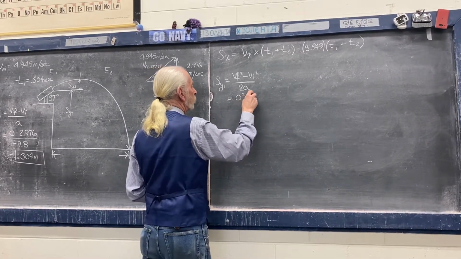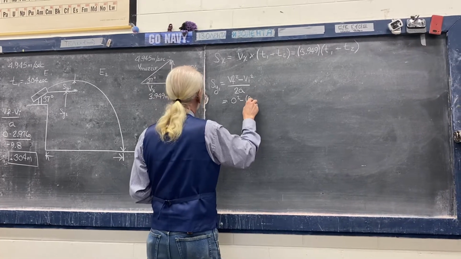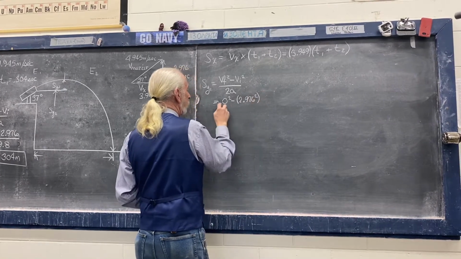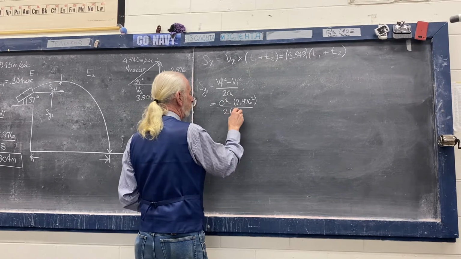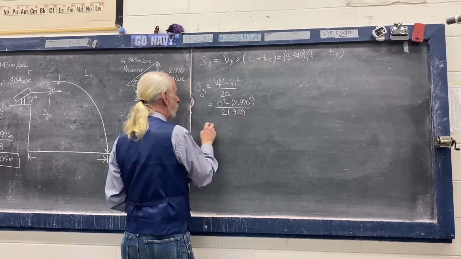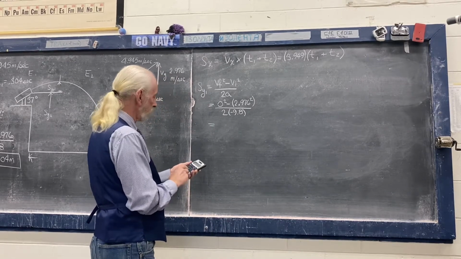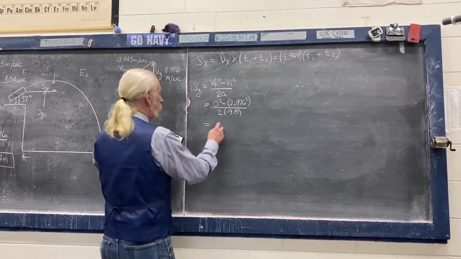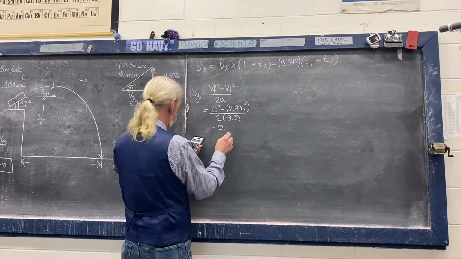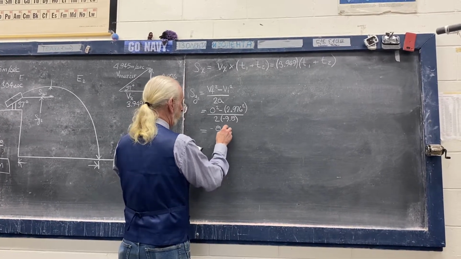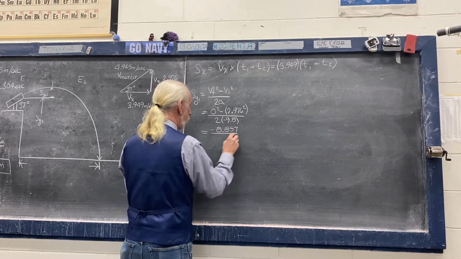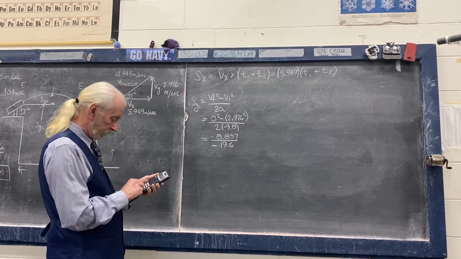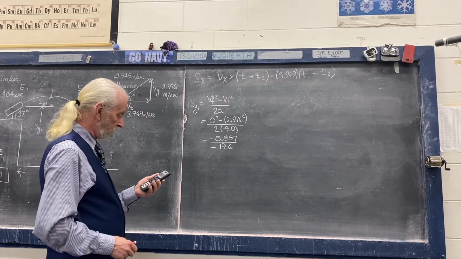Zero squared minus 2.976 squared over 2 times negative 9.8. 2.976 squared equals 8.857, over negative 19.6. I get 0.452.